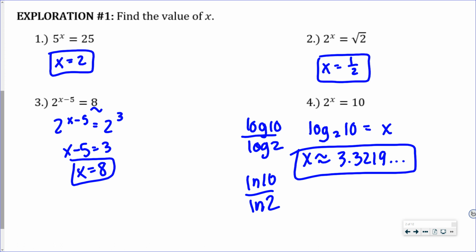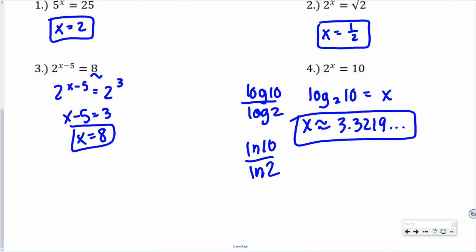Similar to the idea of, I know this is easy, but this equation, you could solve this in your head, or you can use inverse operations, right? What's going on between the 2 and the x? Multiplication. What's the inverse operation of multiplication? Division. We could divide both sides, like take off those layers around x.